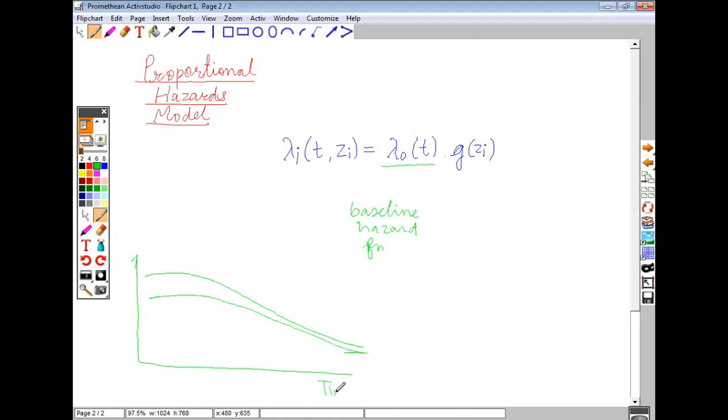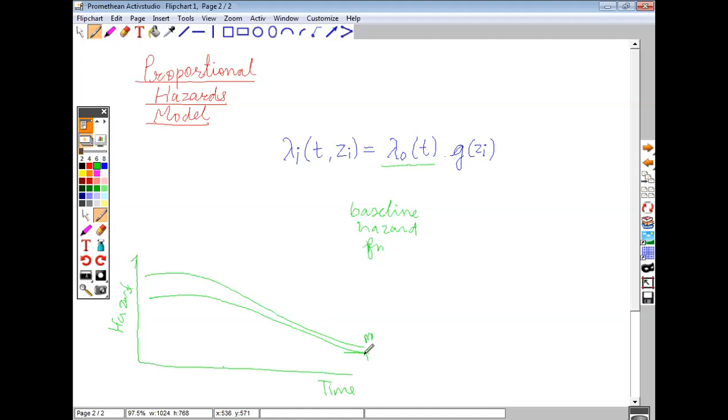On the x-axis is time, and on the y-axis I'm plotting the hazard rate for each of these times. For these two individuals, let's say this one is for male, and the downwards curve represents the hazard for the female.